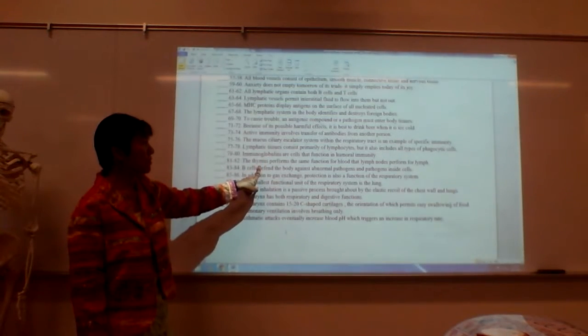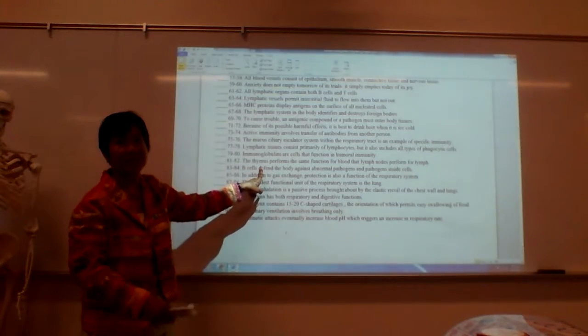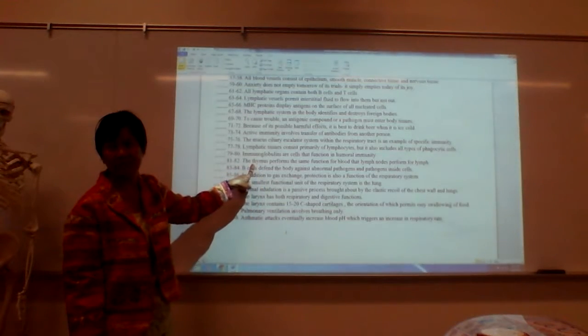The thymus performs the same function for the blood that lymph nodes perform for lymph. Remember, lymph nodes filter lymph. What filters the blood? The spleen. The spleen filters the blood. So this is wrong.